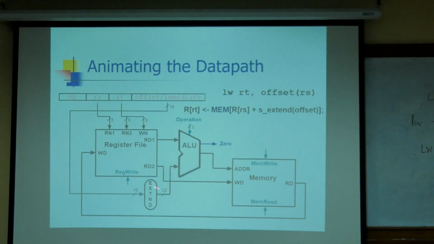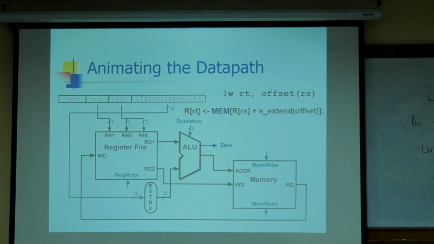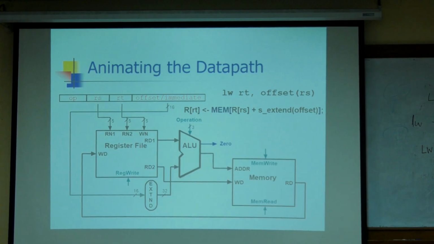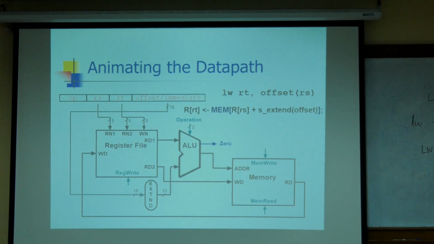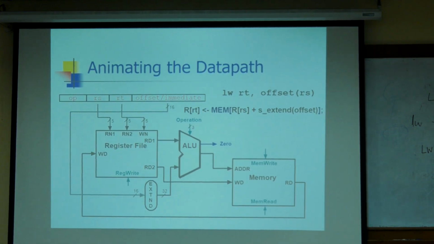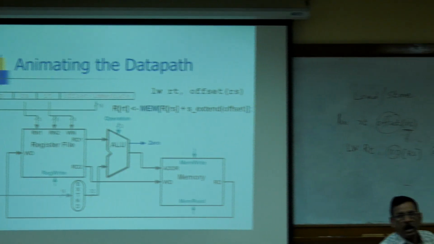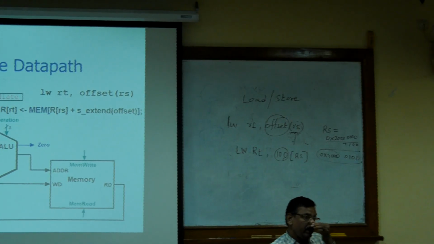Okay. Now this offset is 32-bit. Because we have to add here, the base address is 32-bit and the offset address is 16-bit. How to add? Both should be 32-bit, then only we can add. The adder's two operands should be 32-bit, then only we can add properly.